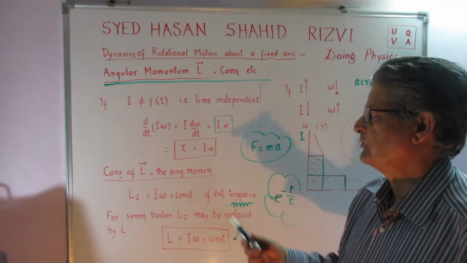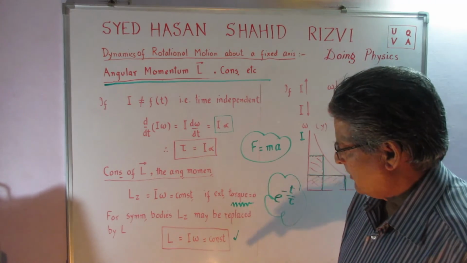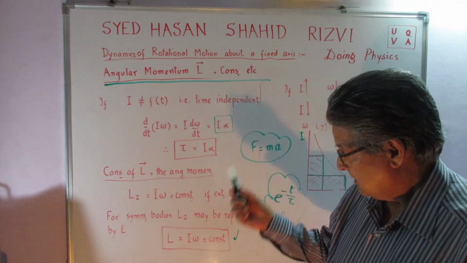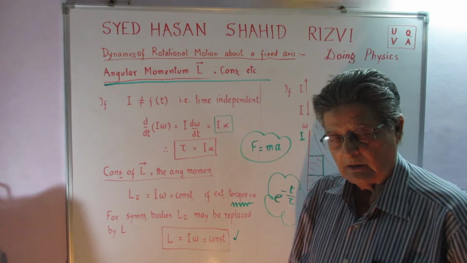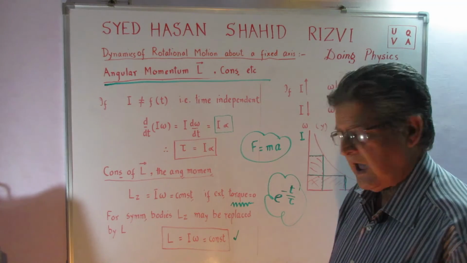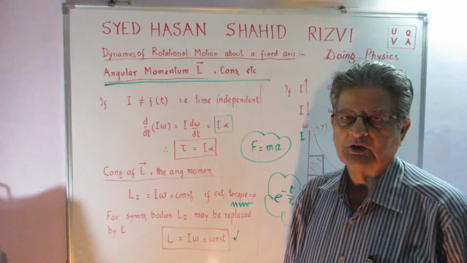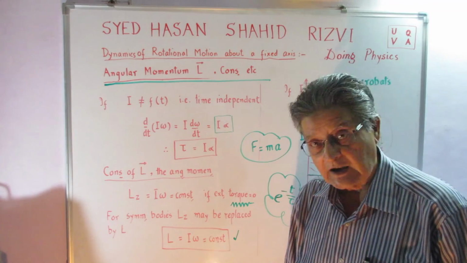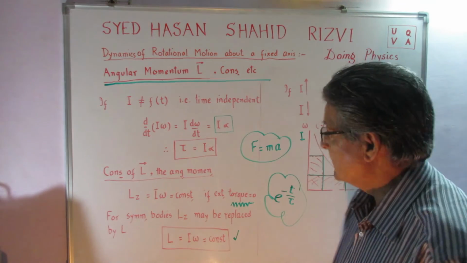For a fixed axis, of course, they are, but not like in the case of translatory motion, where p and v necessarily always have the same direction, without fail.